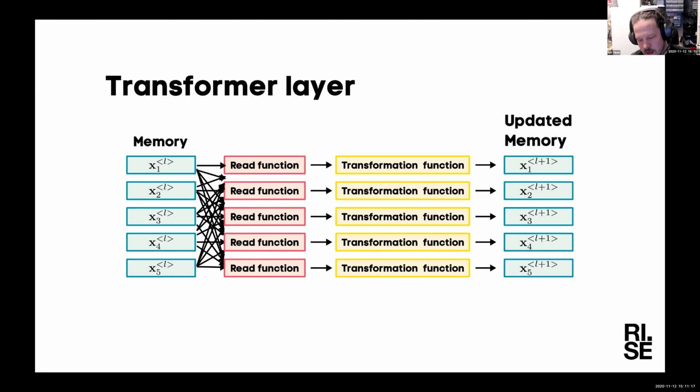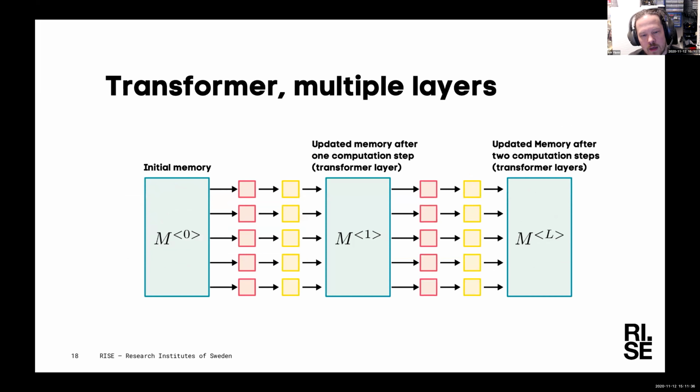And this is really the strength of the transformer in comparison to previously used models for sequences, in particular RNNs, where this kind of update was sequential. So they had a sequential bottleneck, but in transformers this is parallel. But I will focus on this read function in this talk. And then we can think of the transformer as repeating this process a number of times.